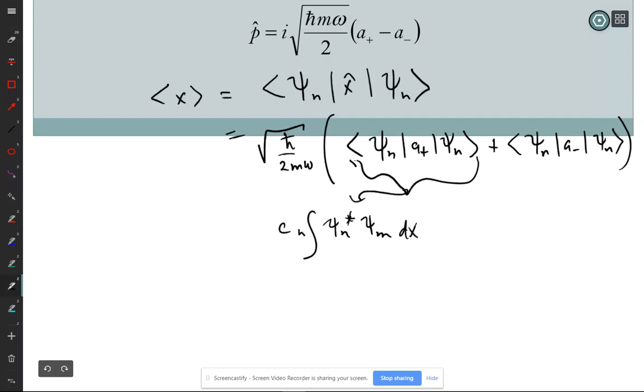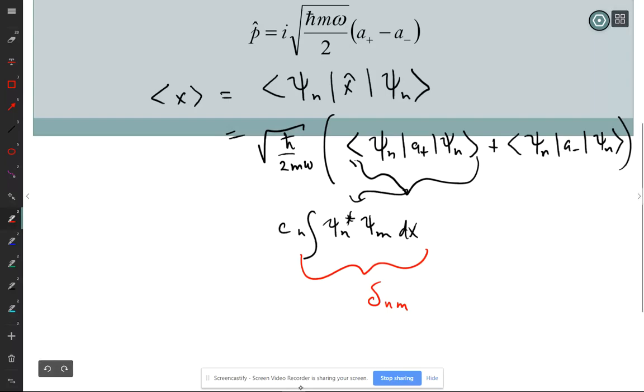By definition, because the wave functions have to be orthogonal, that has to be 0.